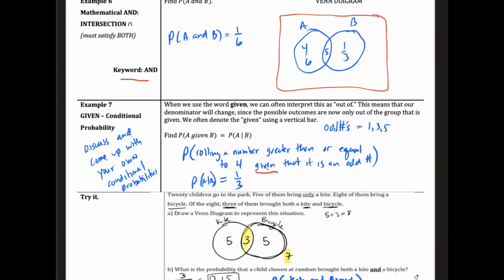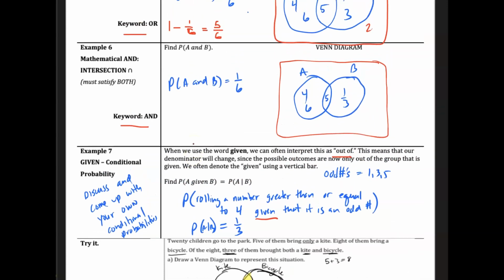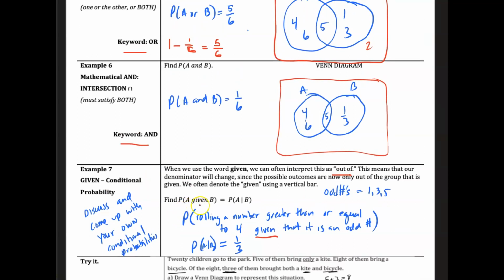But another idea connected to this or and is what we call conditional probability, right? And the word given, when we use the word given, we can often interpret this as out of, and we'll see what I mean by that, right? And so in our calculations here, what's the probability of A happening given that B already has occurred? And that's what this given symbol, this vertical bar, represents.